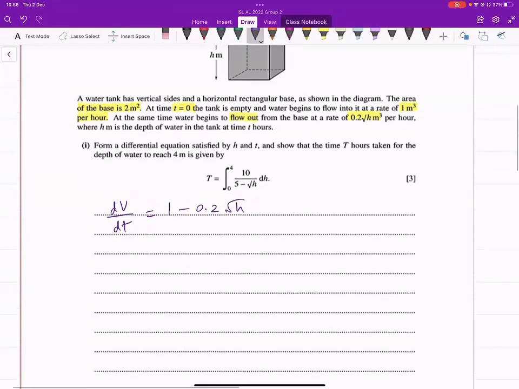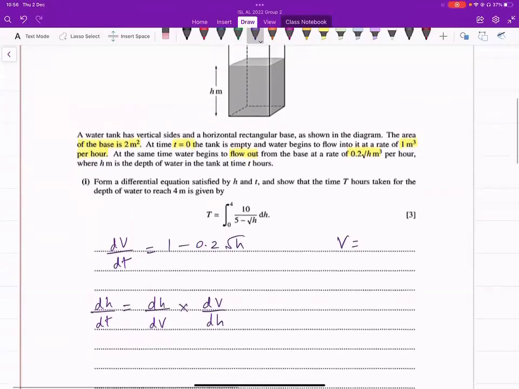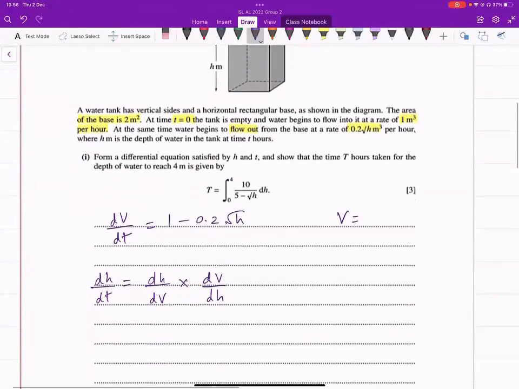And what else do you need? You will need dV by dH. Okay, so for dH over dt, you have to use the chain rule. dH over dV into dV over dH. So the other thing that we need is dV over dH. What will be the relationship between V and H? We know the area of the base. That's 2.